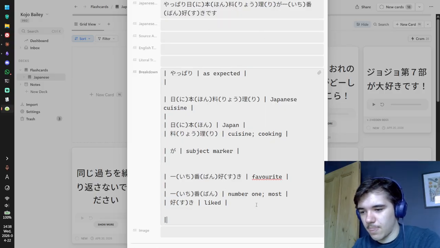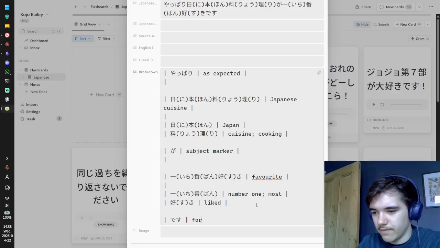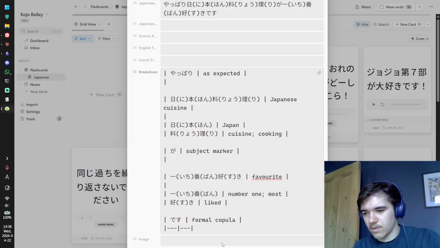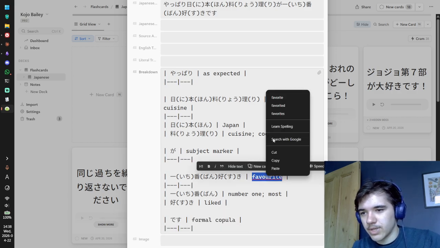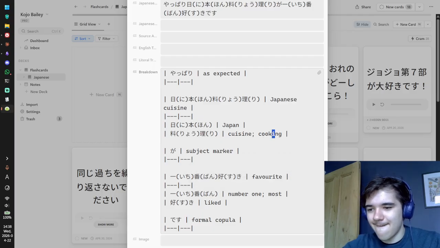This formal copula. Trying to tell me I spelled favorites wrong? Okay.